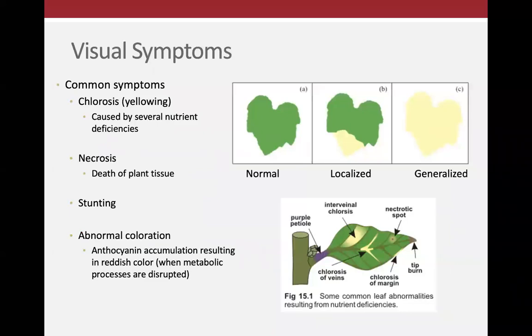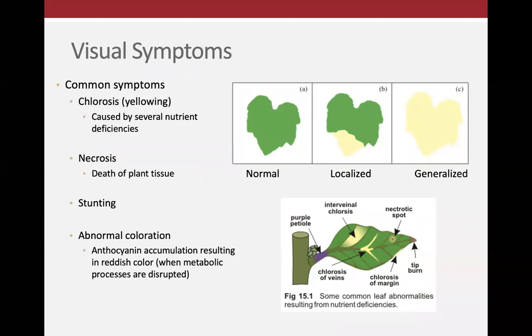So symptomatically, there are a lot of things that can go wrong with plants, and we can characterize them by chlorosis, or a yellowing of tissue, or even necrosis, which is the death of tissue. There can be stunting, there can be curling of the leaves or just abnormal growth. There can be a lot of different things that might go on.